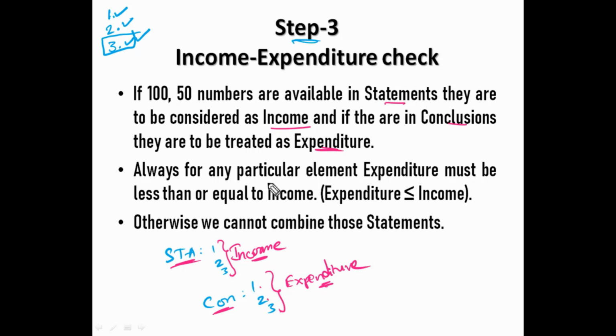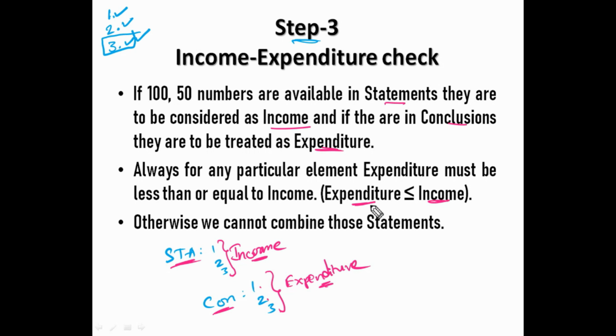Okay, and we know the relation already between income and expenditure. Always expenditure must be less than or equal to our income. More than income we cannot spend. So for any particular element in the statement and conclusion, expenditure must be less than or equal to income.